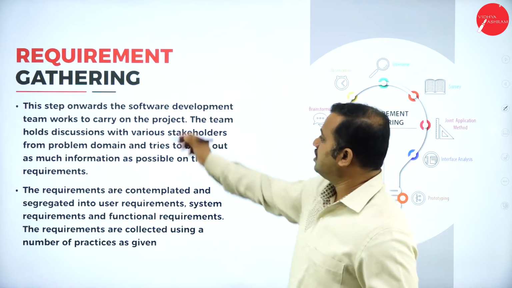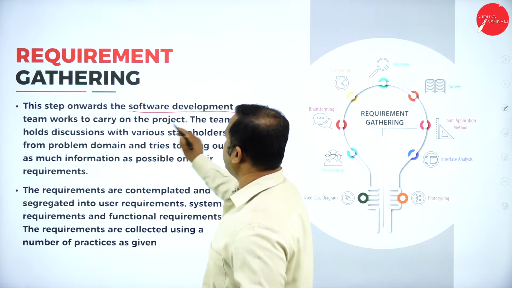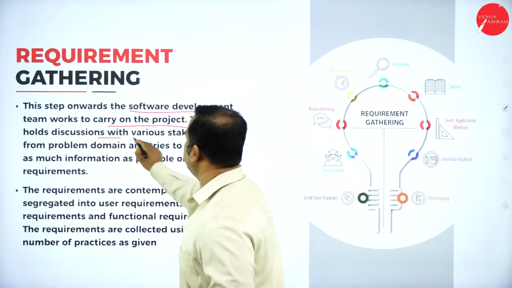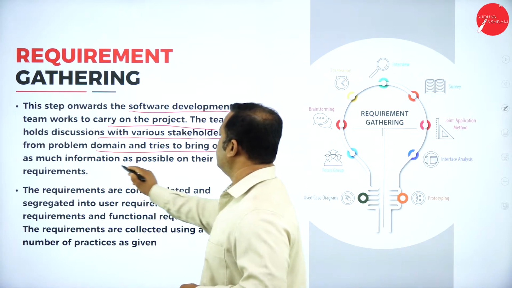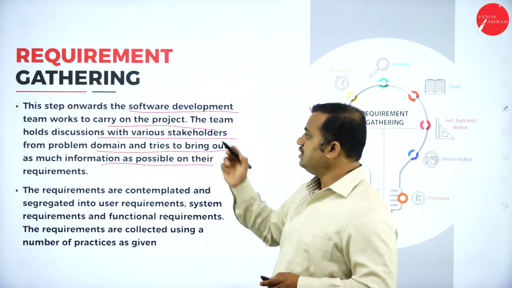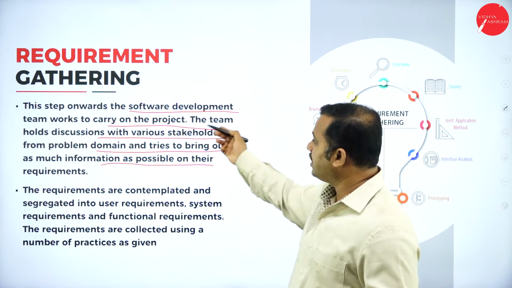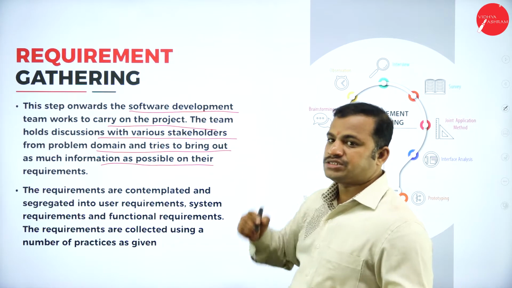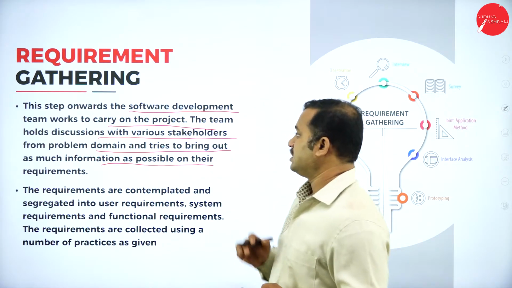If you look at requirements gathering, from this step onwards, the software development team works to carry on the project. The team holds discussions with various stakeholders from the problem domain and tries to bring out as much information as possible on their requirements. What is the meaning of stakeholders here?